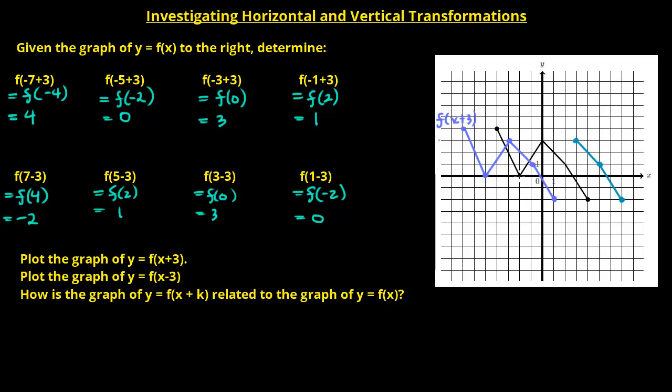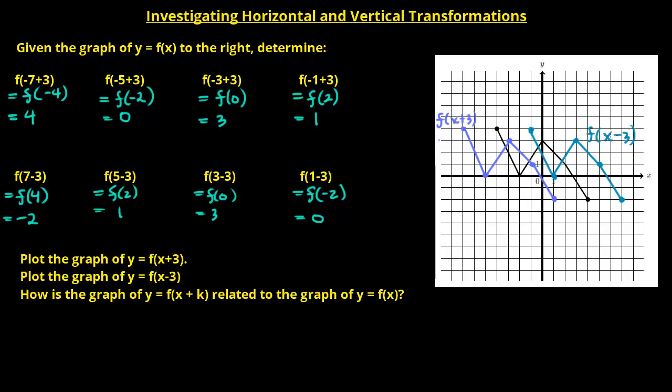Same thing for this point. This coordinate shifts 3 units to the right. And this point shifts 3 units to the right as well. So this is the graph of f of x minus 3.